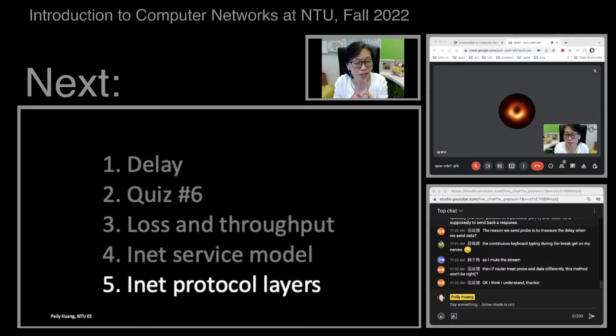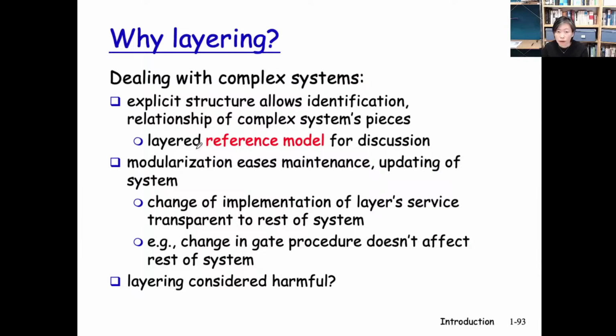Now, let's talk about how we layer these protocols on the internet next. Hopefully, with the air travel example you see, in large complex systems where we have lots of these pieces, it's really good to have some explicit structure so that it's a little bit easier to identify in case there's a bug, which piece the bug is, and to find out what the related pieces might be partly to blame as well.